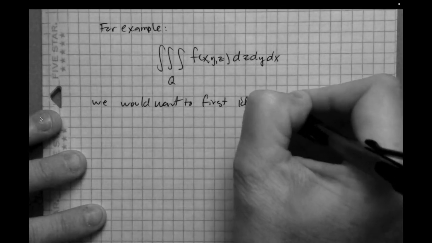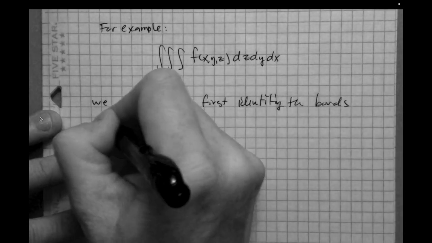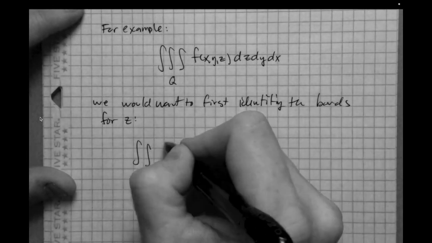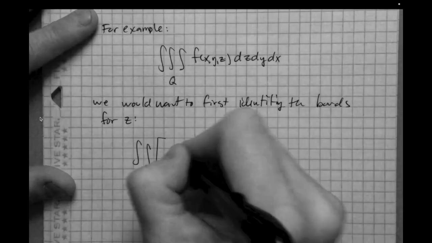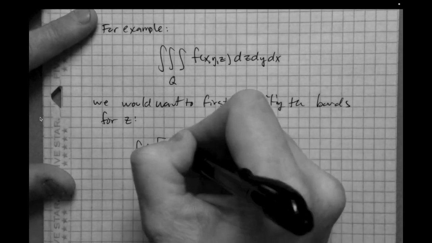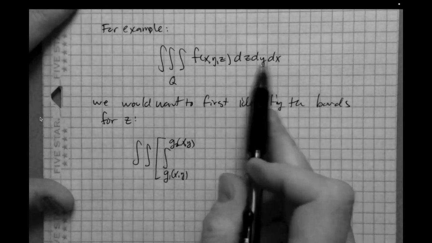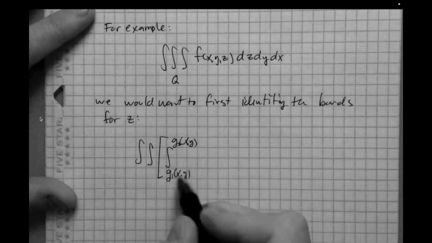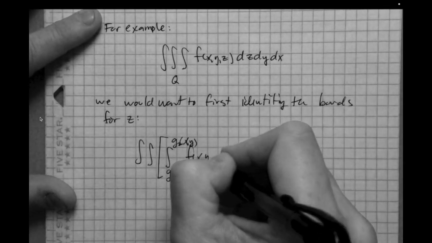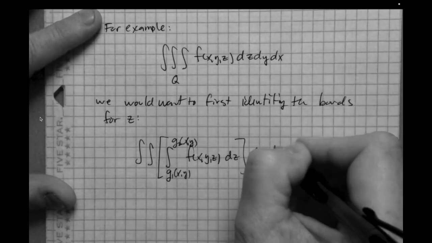We want to first identify the bounds for z. Okay, which means you've got your integral and then you've got this inner piece here, right? And this needs to be a function of x and y in this case, right? Z is the inner one, x and y are the outer ones. So the bounds need to be a function of x and y. Like so.